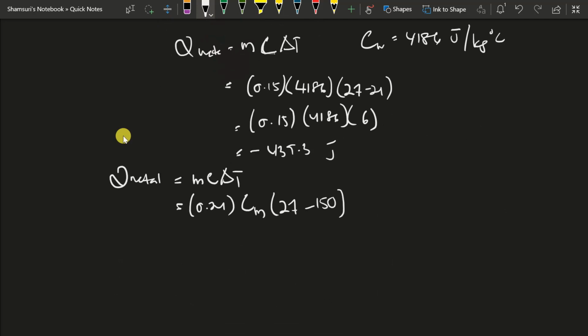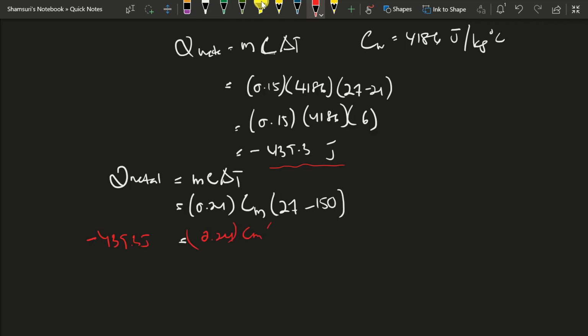When you do 27 minus 150 you get a negative value. So this is equal to minus 439.3 joule. I didn't calculate very well, but you have to calculate.